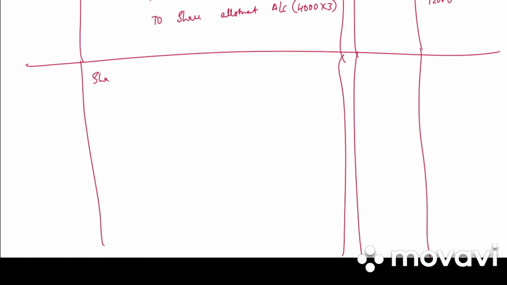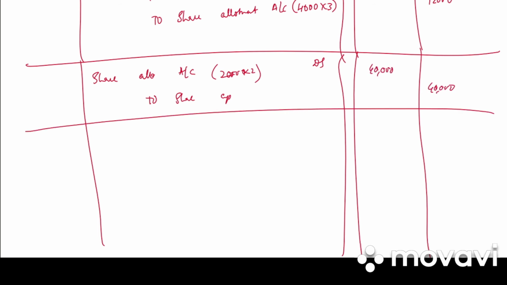Next we have allotment entry, share allotment account debited to share capital account. How much is it? 20,000 into 2 is the allotment money, 40,000 debit, 40,000 credit. Write the narration: allotment due on 20,000 shares.